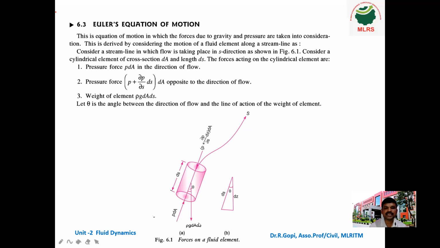So rho g dA ds cos theta means this line will merge into this line, and this will act downward. Simply put, we convert the vertical weight into the inclined one along the pressure force. The angle is theta, so we have to use cos theta.